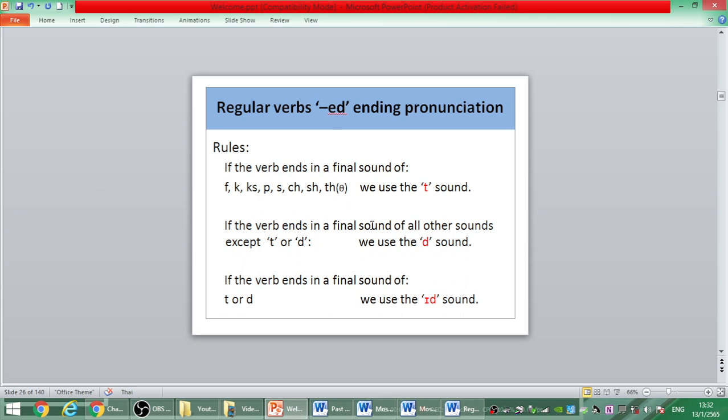If the verb ends in a final sound of T or D, we use the ID sound. And if the verb ends in any other sound, except T or D, and not these, we use the D sound.